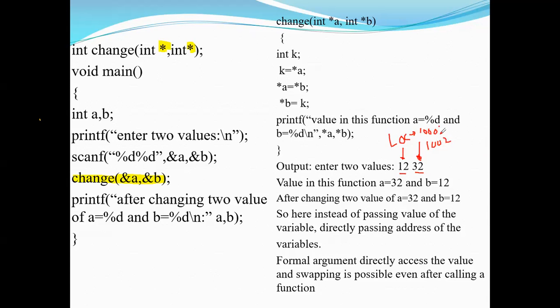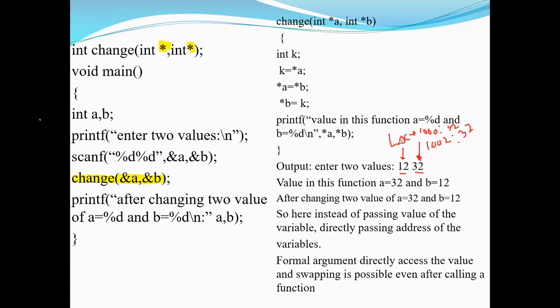The value 12 has been stored at location 1000, which is an address. In this address the value is 12, and 1002 is an address. In this address the value is 32.